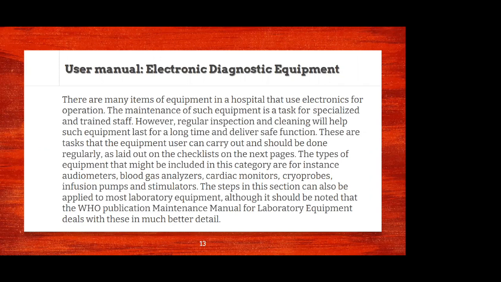The types of equipment that might be included in this category are, for instance, audiometers, blood gas analyzers, cardiac monitors, cryoprobes, infusion pumps, and stimulators. The steps in this section can also be applied to most laboratory equipment, although it should be noted that the WHO publication maintenance manual for laboratory equipment deals with this in much better detail.